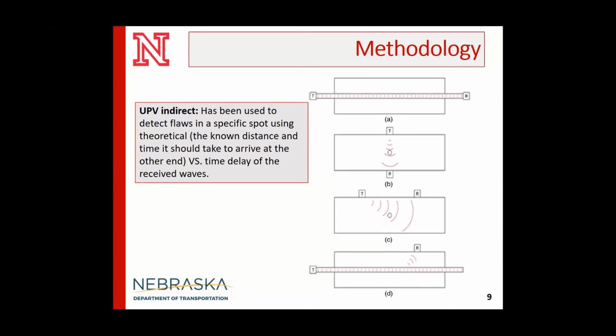So there are practicality issues in some cases, but the theory is relatively simple. You have an expected travel time based on the known properties of the material, and if you detect delays with respect to that, you might conclude there are flaws. But as you can see, it would be more of a spot check of the situation in that particular location.